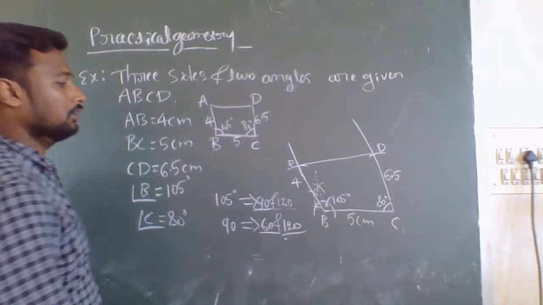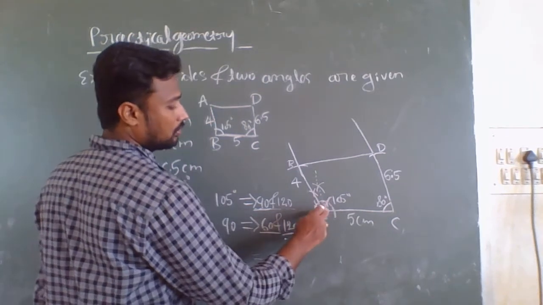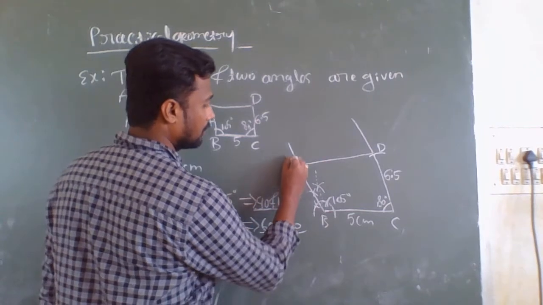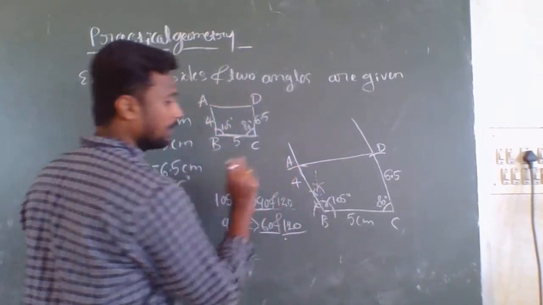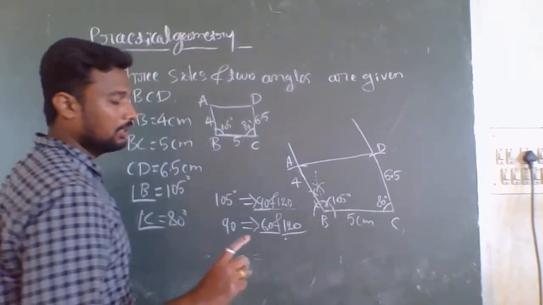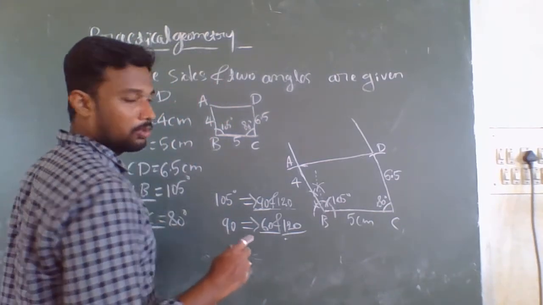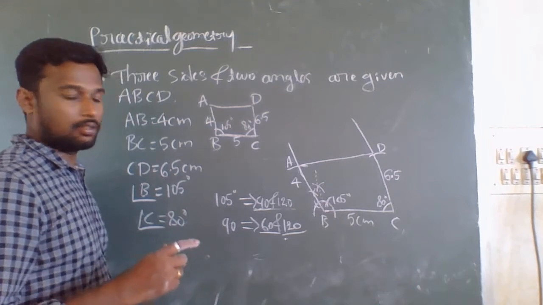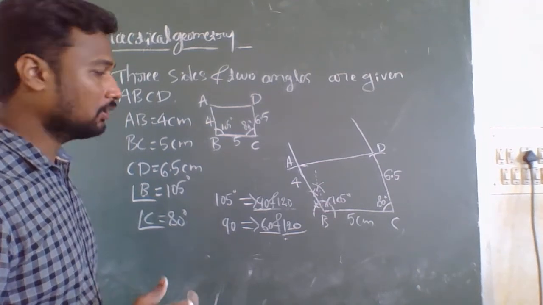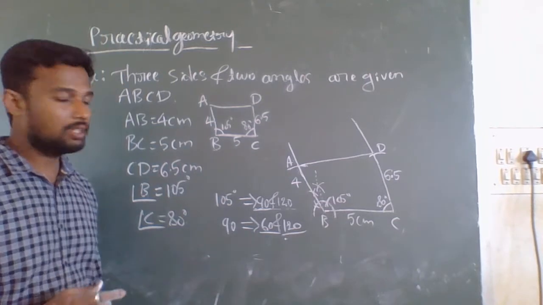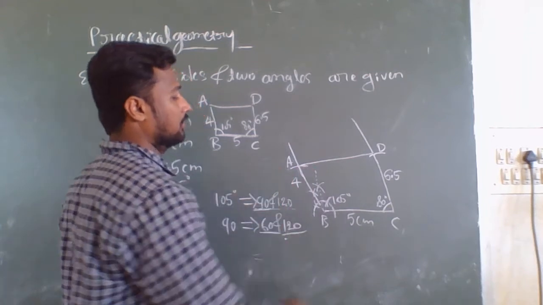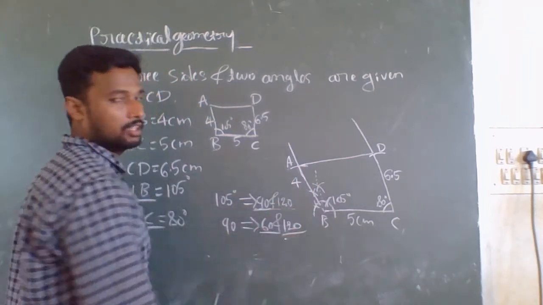Like this only, B to A. This is point A. Sorry, this is point A. It's not B. AB is of 4 centimeter, and again what you have to do, take a distance or measurement of 4 centimeters in compass and place it on point B and intersect this line, which is of 4 centimeters.